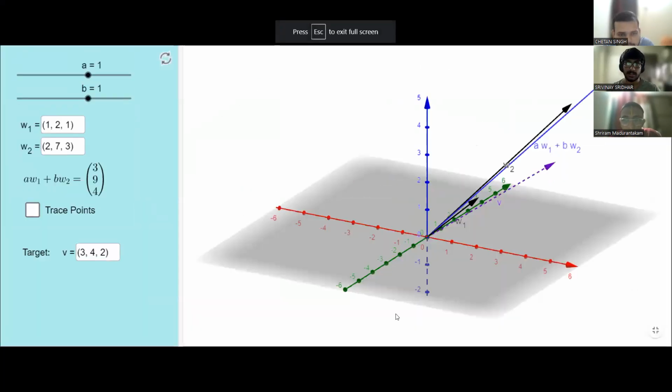So first of all, let me ask this question. If I'm able to reach (3, 9, 4), does that tell me something about a property? With my vector (1, 2, 1), I was able to reach multiples of (1, 2, 1).